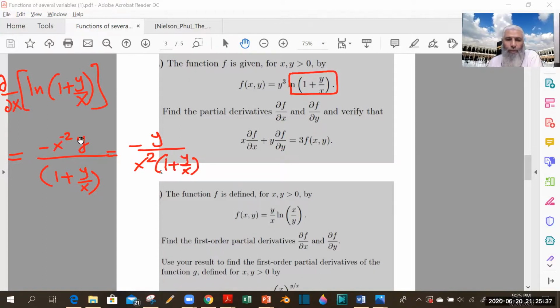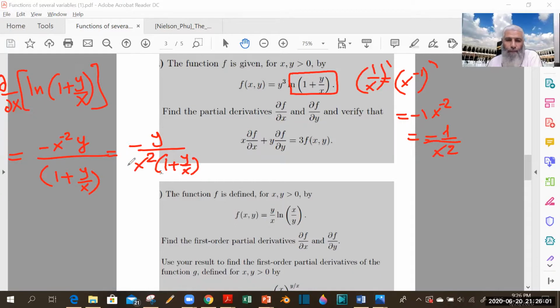Why x to the power negative 2? Because we said before that the derivative of x to the power negative 1, or the derivative of 1 over x, is negative 1 times x to the power negative 2, which is negative 1 over x to the power 2.